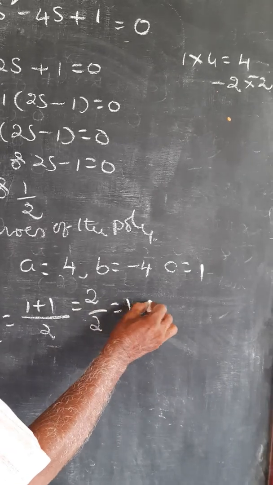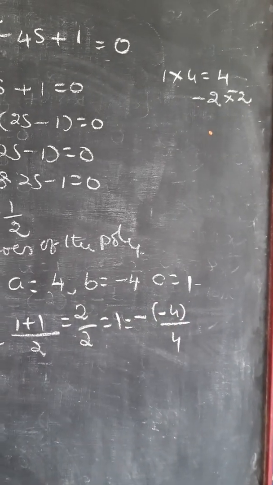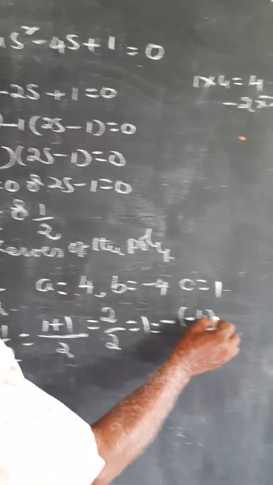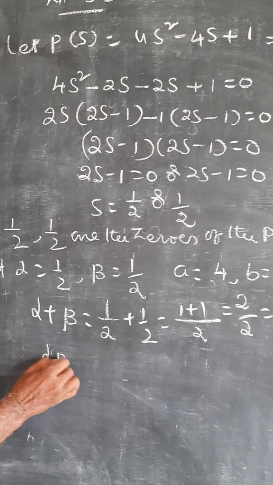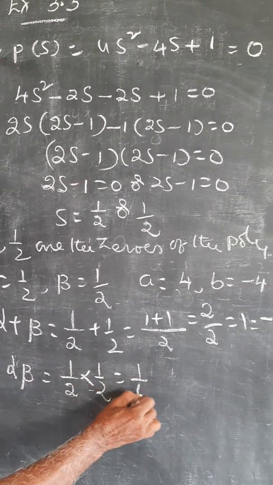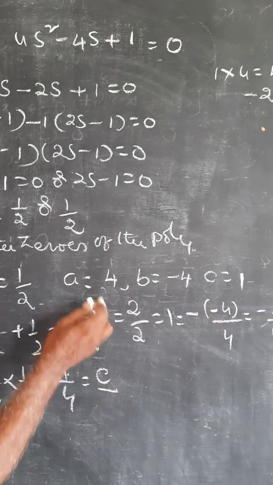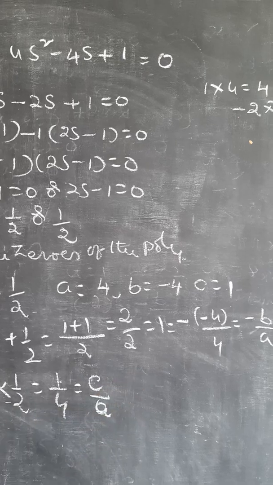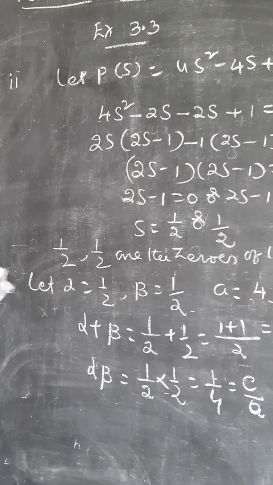Write 1 as minus 4 by 4. So there is no change in the value, that is equal to minus b by a. Next, the product of the zeros, alpha beta, 1 by 2 into 1 by 2, that is equal to 1 by 4, and 1 by 4 is nothing but c by a, value 4, that is c by a. This is the second bit.